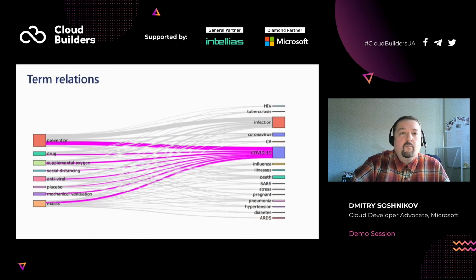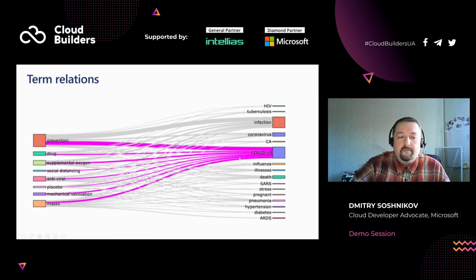You can do even more interesting things. For example, you can try to calculate the frequencies of terms appearing together in the same paper. For example, this diagram, which is called a Sankey diagram, allows us to see, for COVID-19, that prevention occupies quite a large portion of publications.